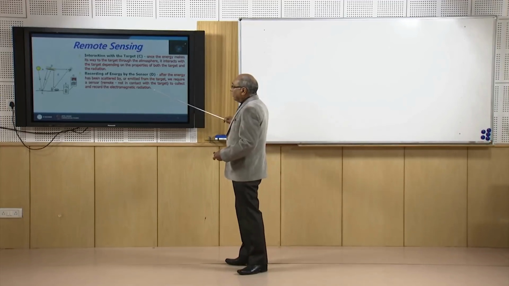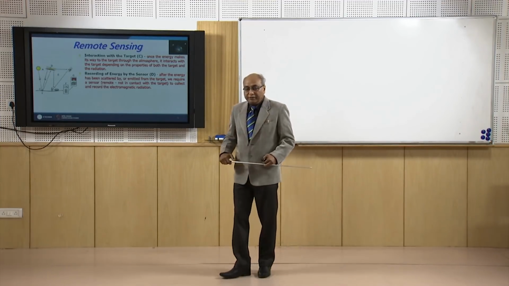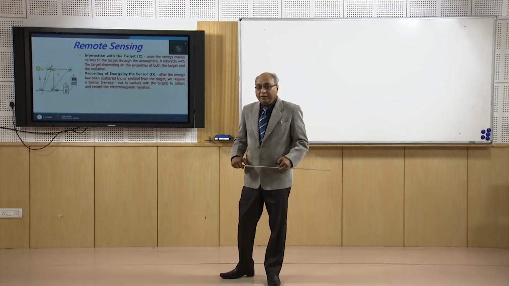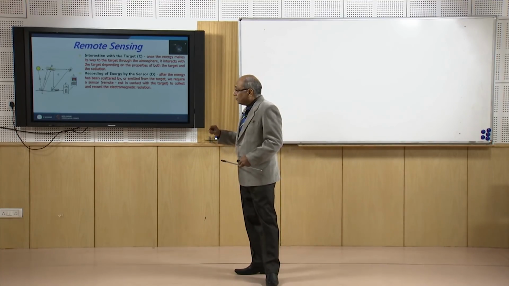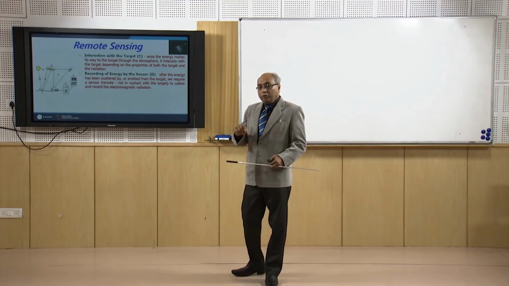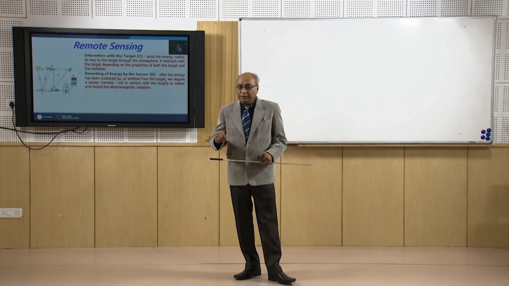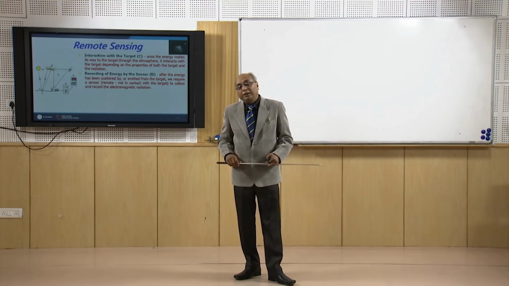So you require a complete recording system on board the satellite, and there are satellites which not only record but at the same time also transmit the data towards the earth.